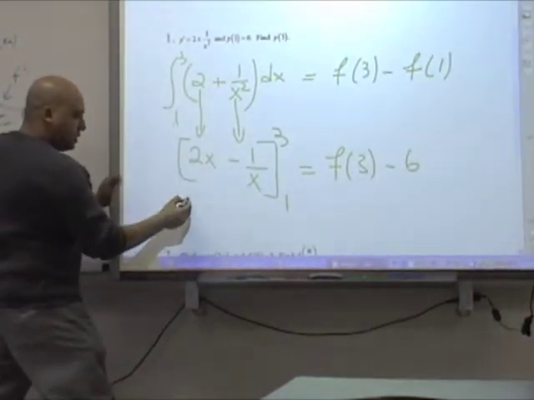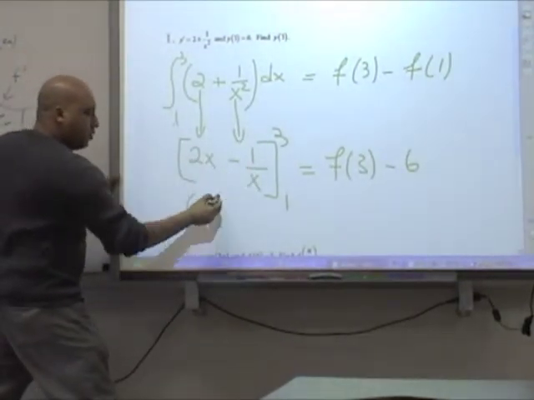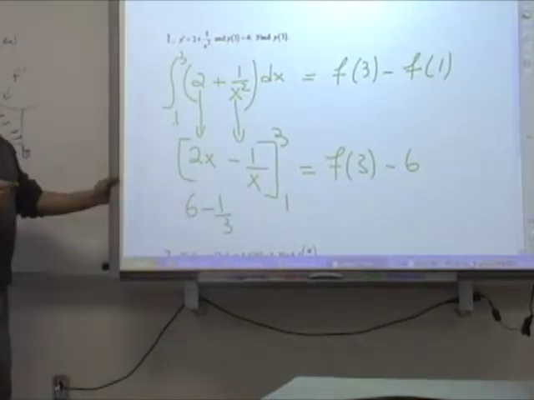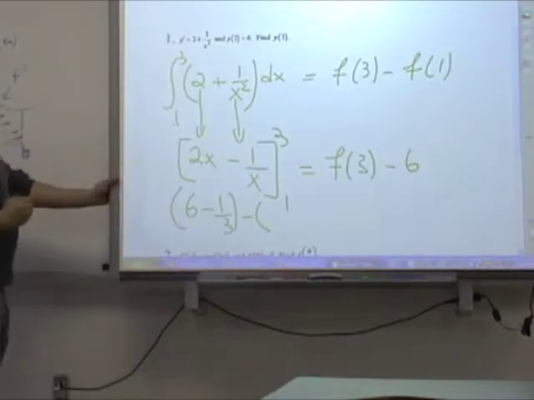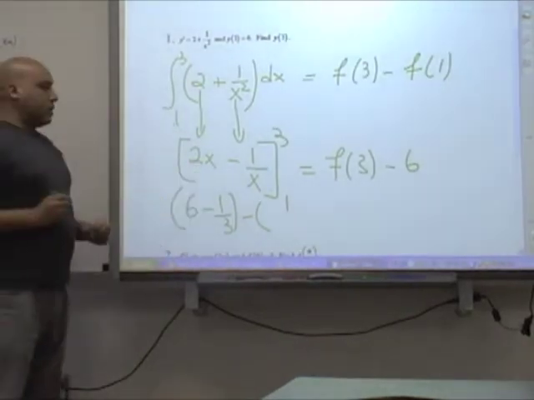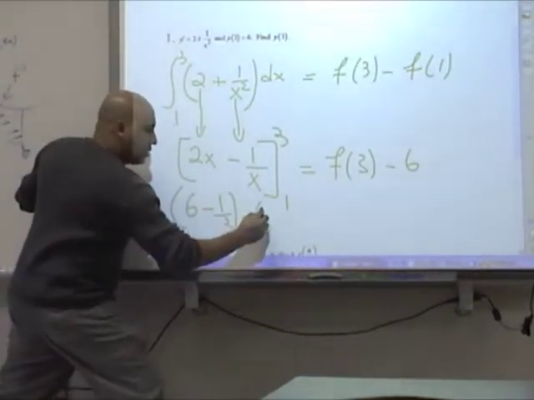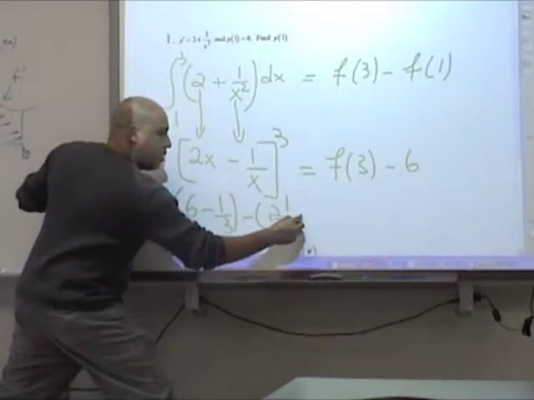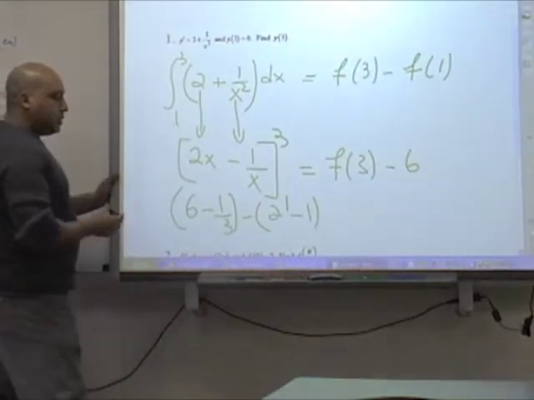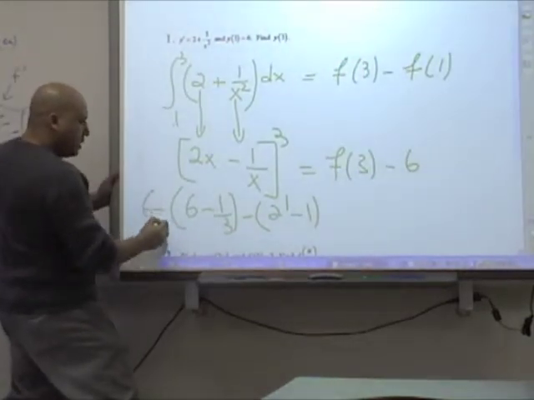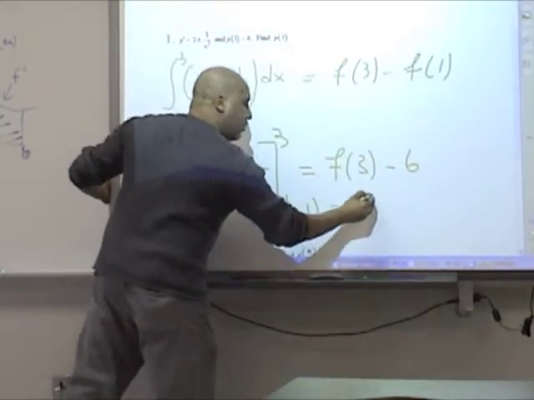2 times 3 is 6, minus 1 over 3, and that minus the expression when I replace x by 1, which is 2x, 2 times 1 is 2, minus 1. And if I bring the 6 to the other side, it will be 6 plus this expression is equal to f of 3.